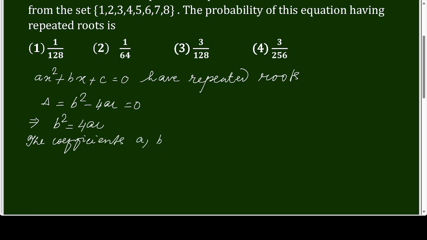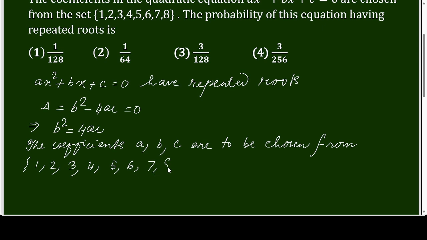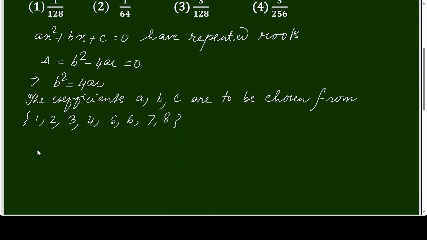a, b, c are to be chosen from 1, 2, 3, 4, 5, 6, 7, 8. And b square equals to 4ac, that means b square is a multiple of 4.